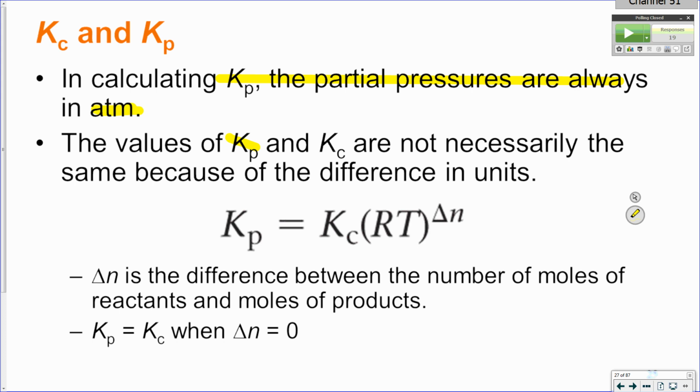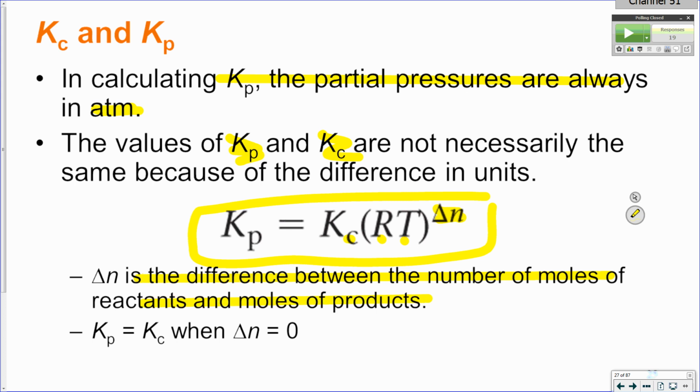The relationship between K sub P and K sub C: they're not necessarily the same because we have different units, but we have an equation that relates the two. K sub P is equal to K sub C times RT to the delta n power, and delta n is the difference in the numbers of moles of products and reactants.